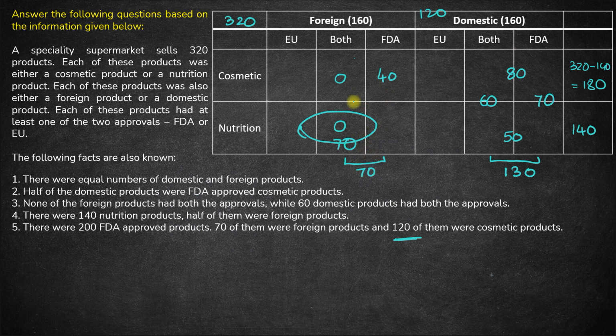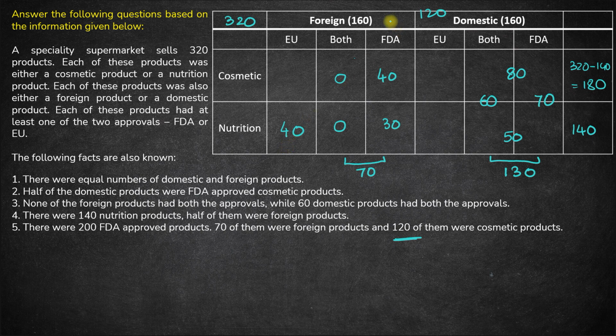Now we know the sum of all these four blocks is 70. Out of these four blocks, these two are 0, so the sum of these two must be 70, and if this is 40, this must be 30. And we know the sum of all these three blocks should be 70, since out of 140 nutrition products, half were foreign. So if this is 30 and this is 0, this block must be 40.